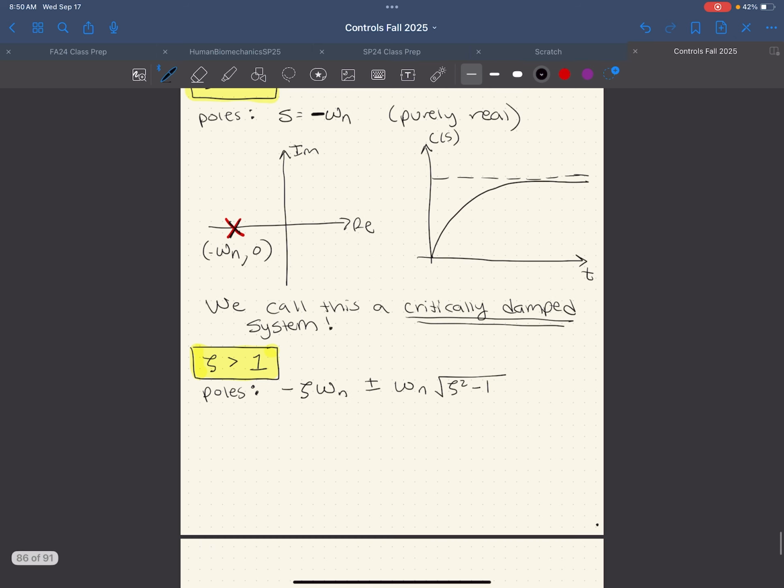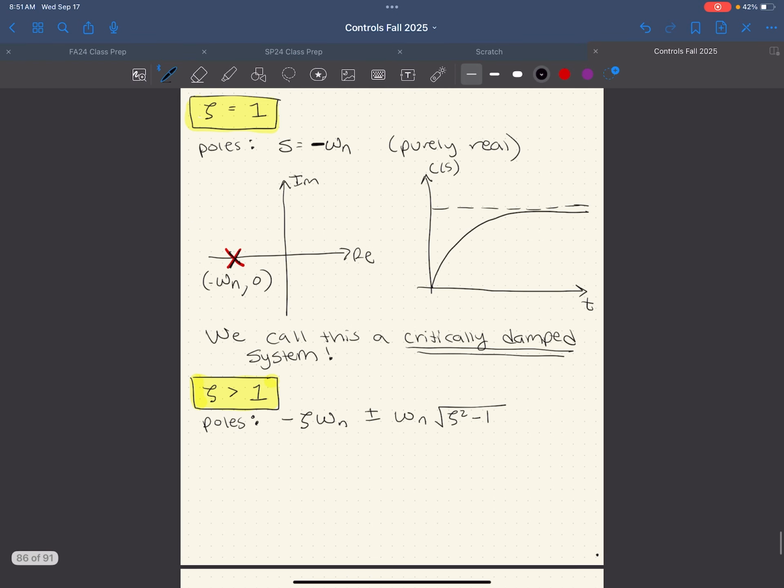Well, if my zeta is greater than 1, the square of that term is going to be greater than 1, which means that this is always going to be positive, which means that I don't have an i that I can take out. I can't pull out my imaginary number i, which means that these systems lack a complex part. Okay, so these are also going to be purely real.